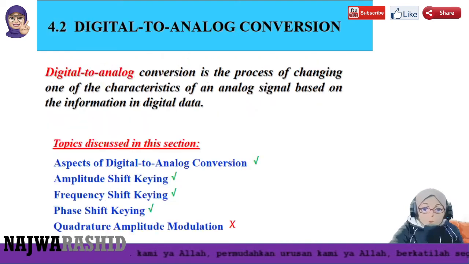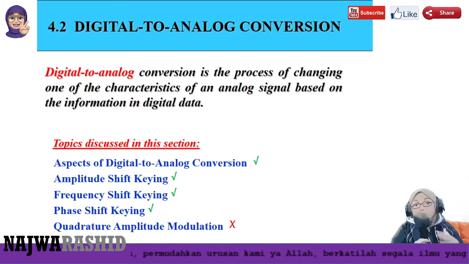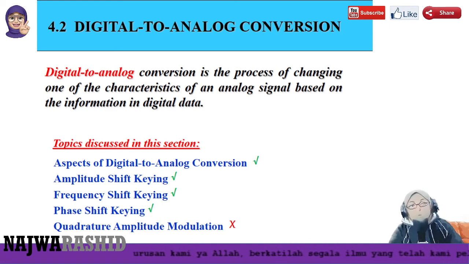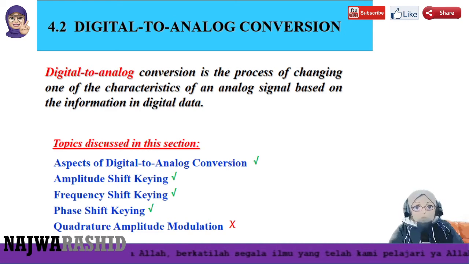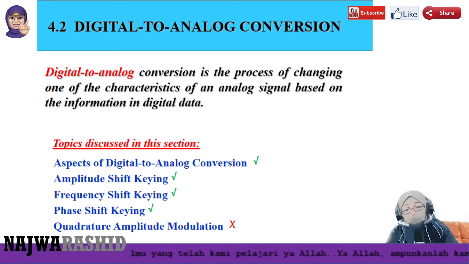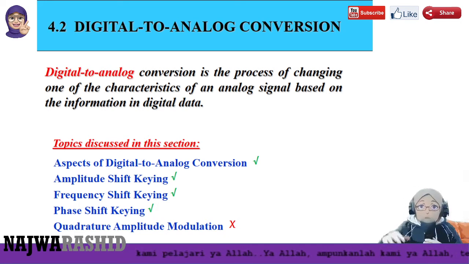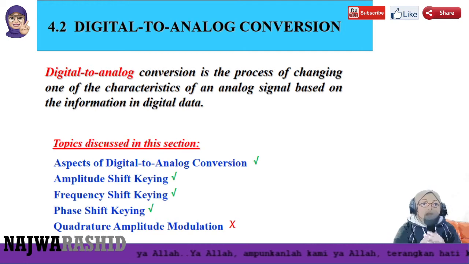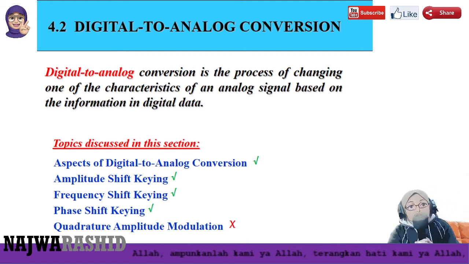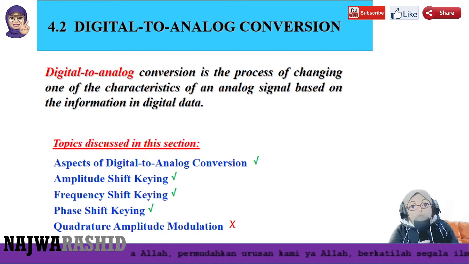The next point, we have digital to analog conversion. Digital to analog conversion means we want to change the digital data into the analog signal. The process of digital to analog conversion is the process of changing one of the characteristics of the analog signal based on the information in the digital data.